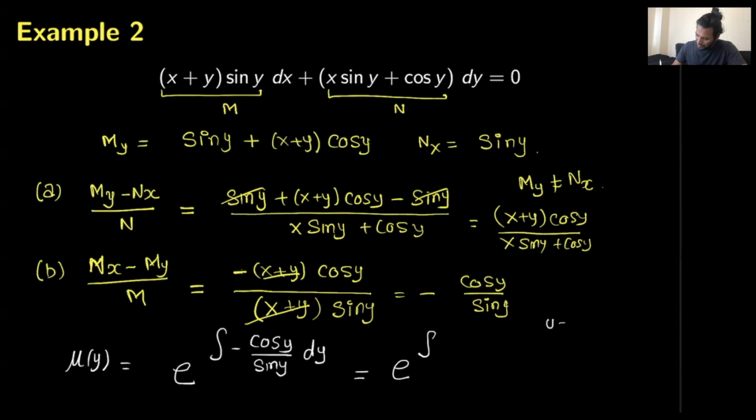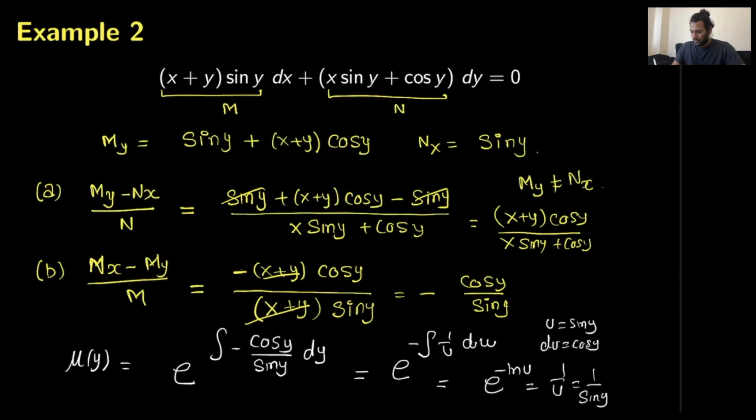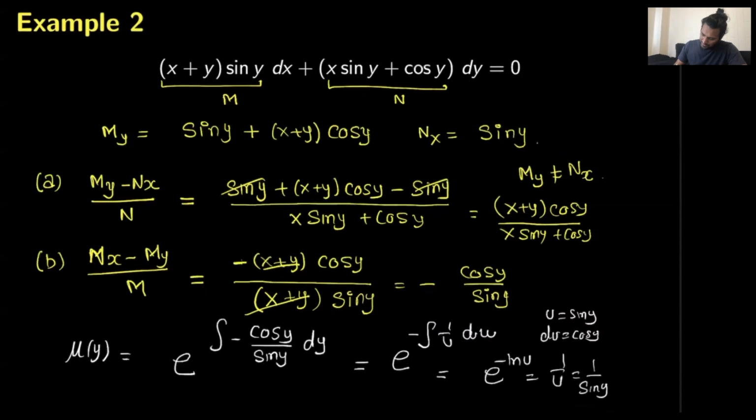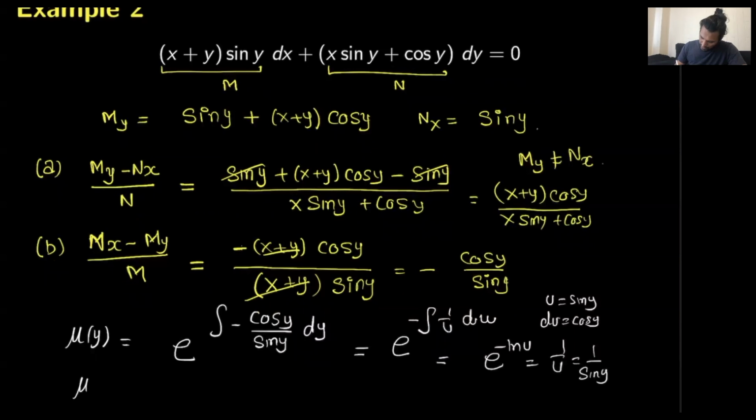If I take u equal to sin y, my du is equal to cosine y dy. So it's basically 1 over u du. And that gives you e to the power of minus ln of u, or in other words, 1 over u. And what is u? u is sin y. So therefore, your integrating factor in this situation, mu of y, is 1 over sin y.